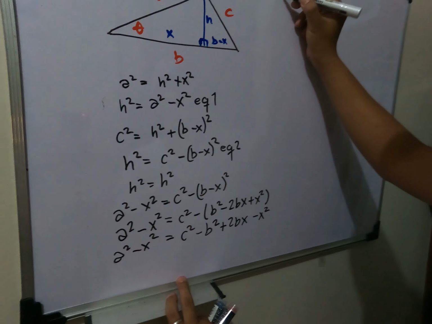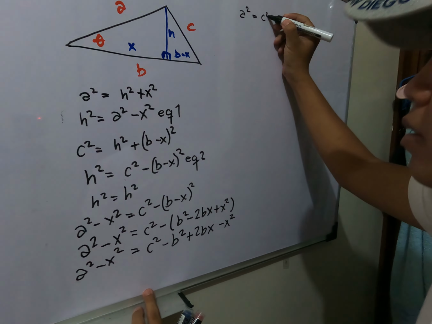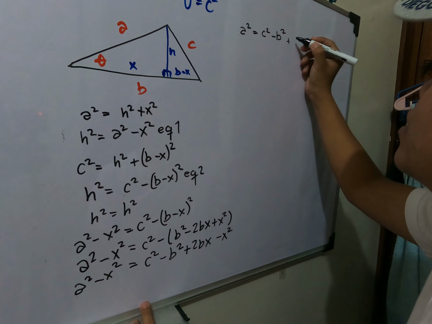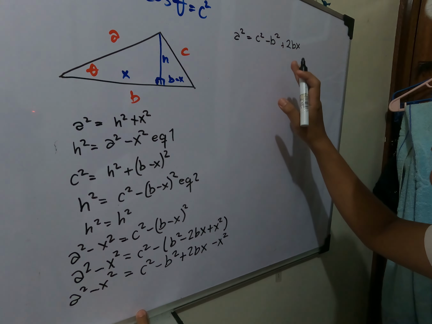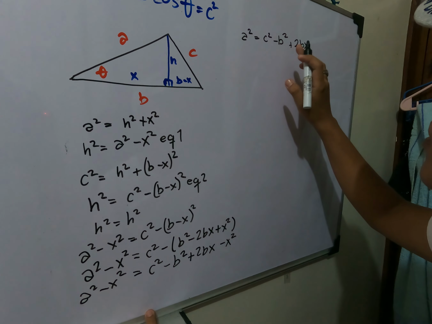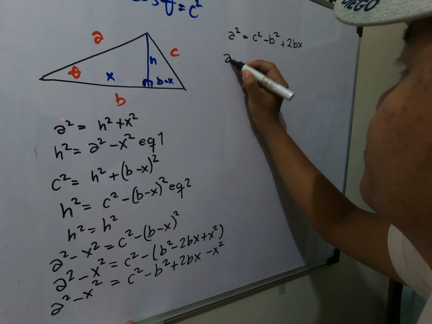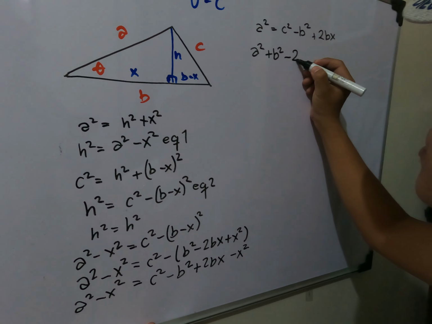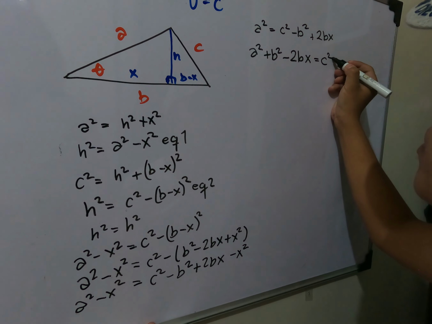So we will now have a squared is equal to c squared minus b squared plus 2bx. So put b squared and 2bx on the left side of the equation. We will now have a squared plus b squared minus 2bx is equal to c squared.